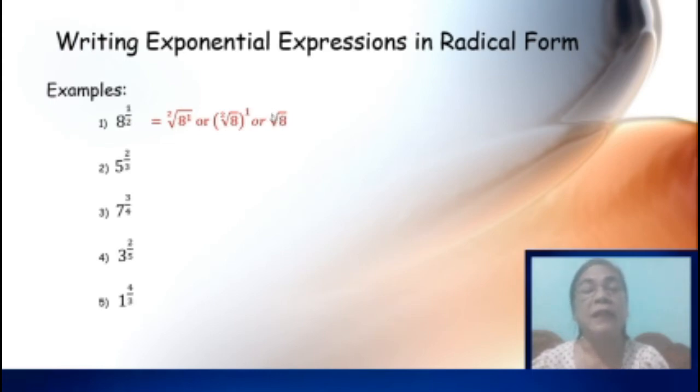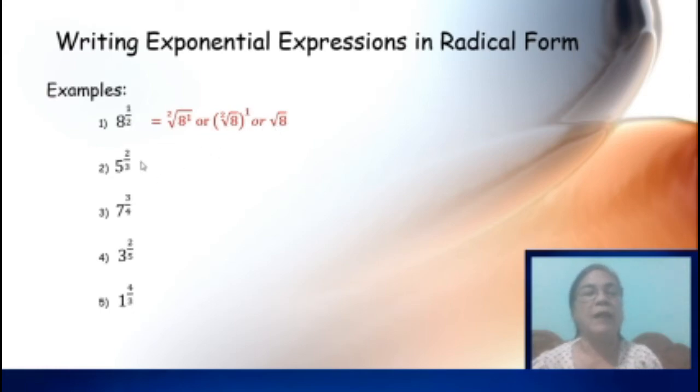Understood that is 2. And 1 here is the exponent. If 1 is the exponent, no need to write 1. Did you understand? So, 8 raised to 1/2 is equal to square root of 8.